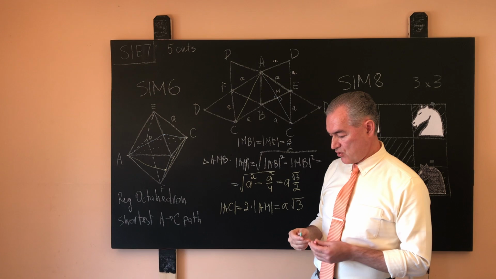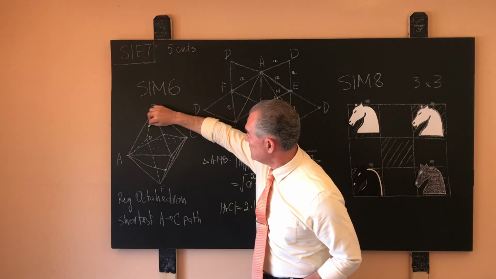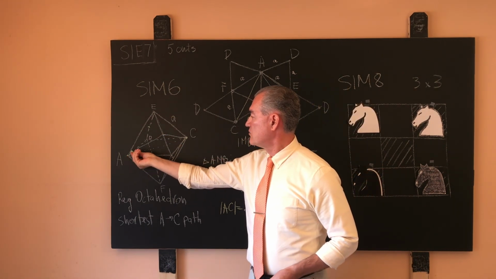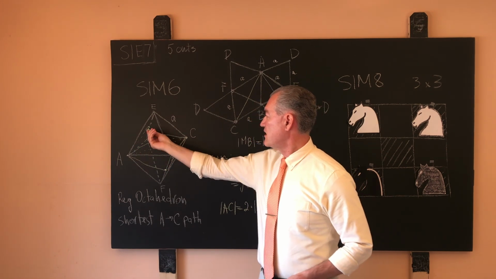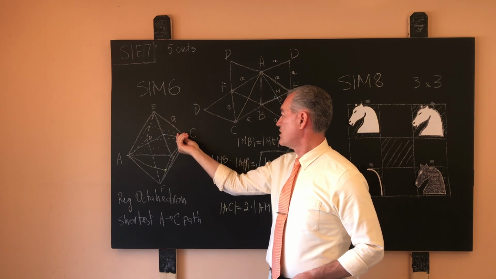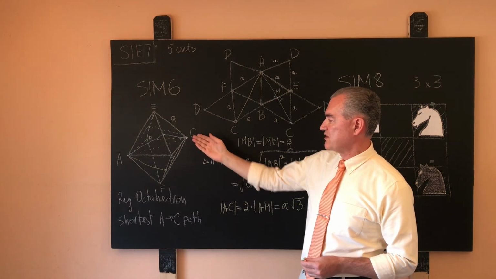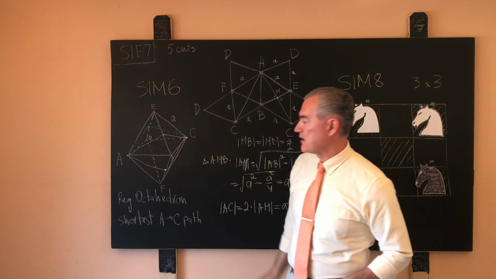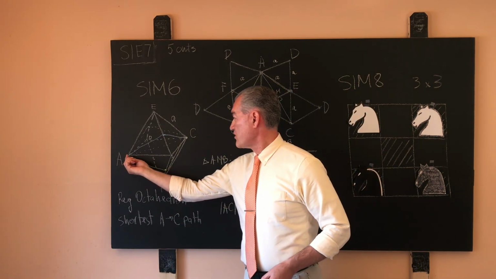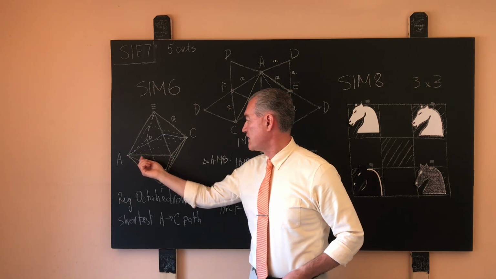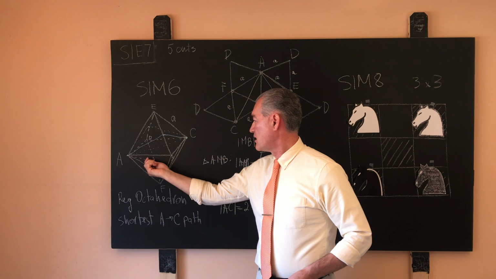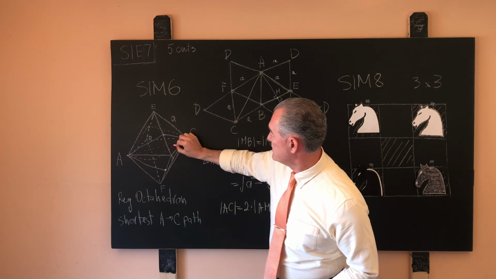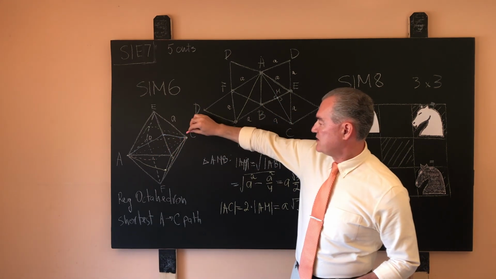Consequently, we draw these paths by marking, for example, the middle of the edge DE like so, and we draw a dashed line like this, and then from the middle point a straight line to the vertex C, and in pink, for example, we mark the middle of the edge DF like so, and the fourth and final distinct shortest path from A to C will run from A to the middle of the edge DF, and then from the middle of the edge DF straight to the point C right here.